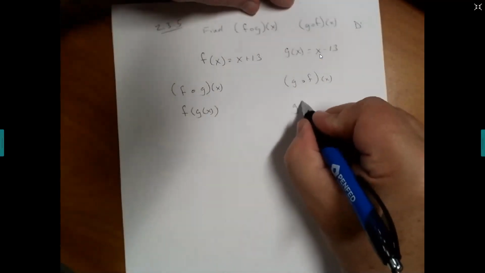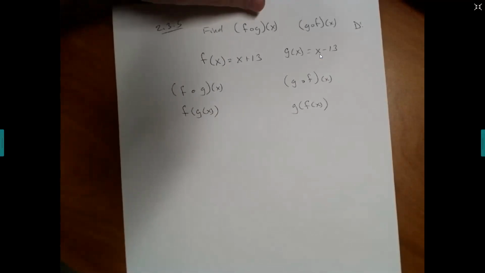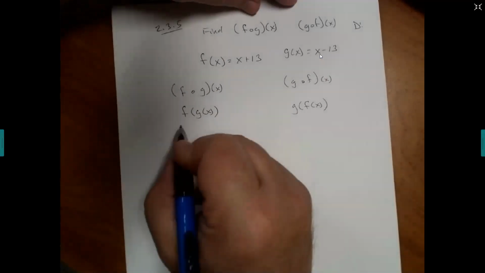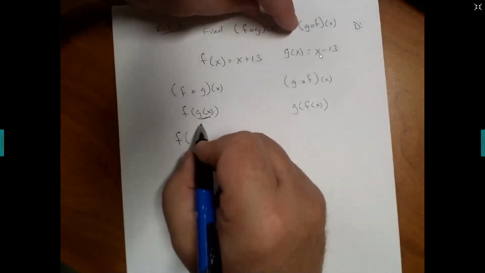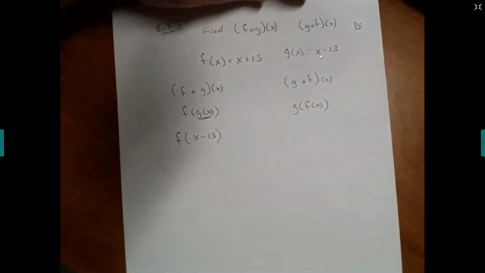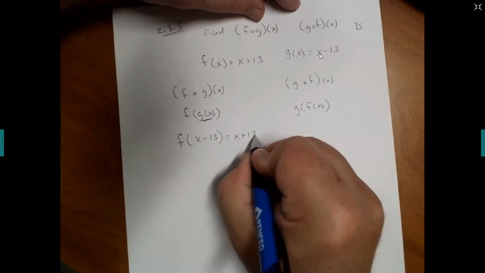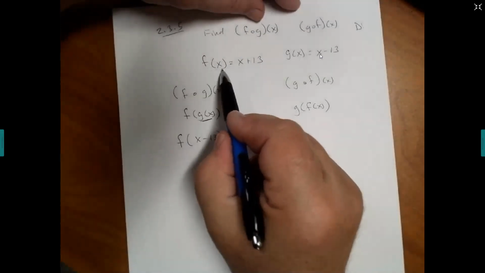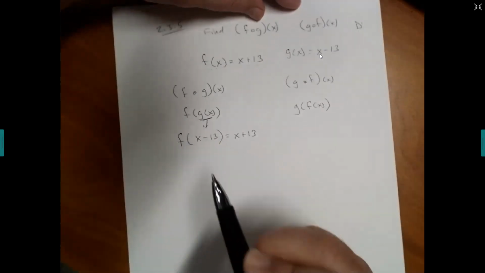Next one is g of f of x. What is g of x? g of x is x minus 13. So f of x is x plus 13, but g of x is x minus 13. So I replace it with that.